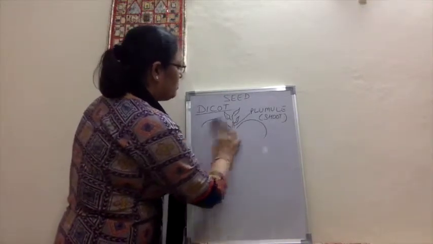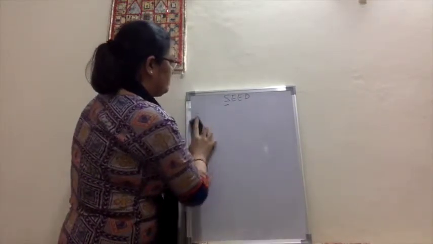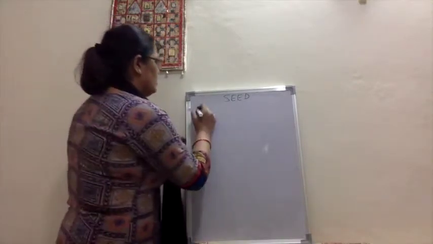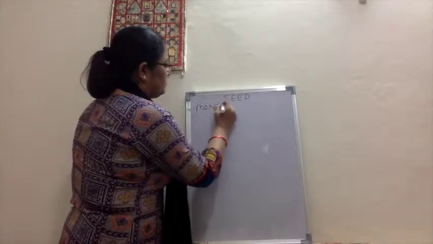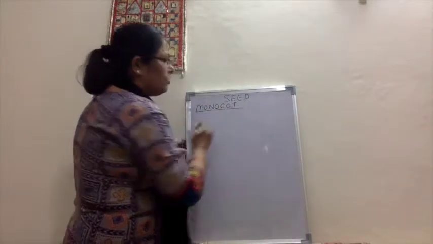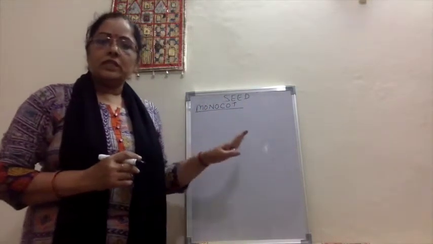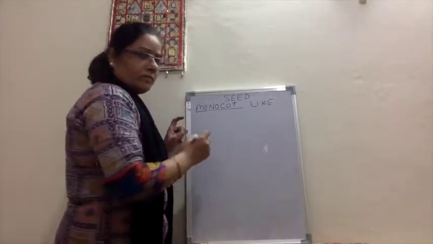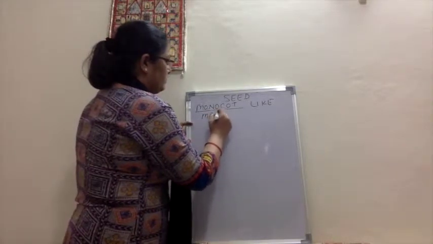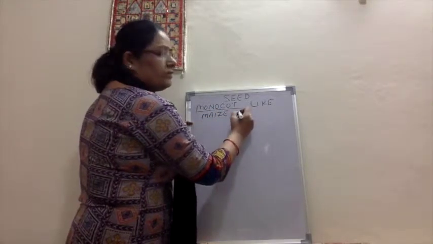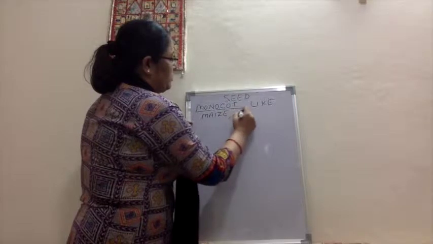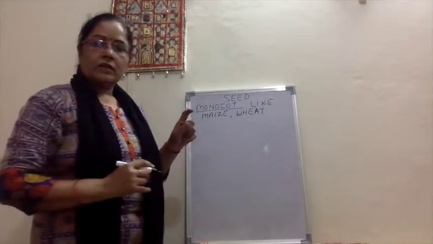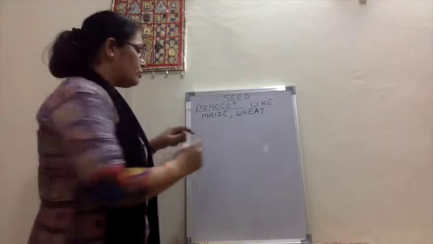Now we will come to the monocot. This is all about dicot, now monocot seed. Monocot seed, like maize, wheat. There is only one cotyledon which stores food.